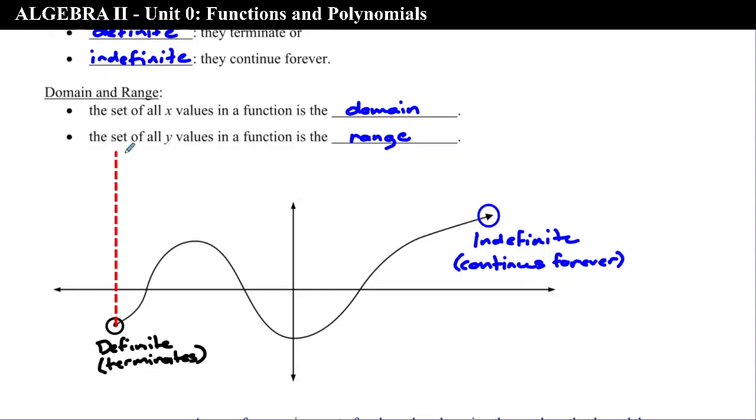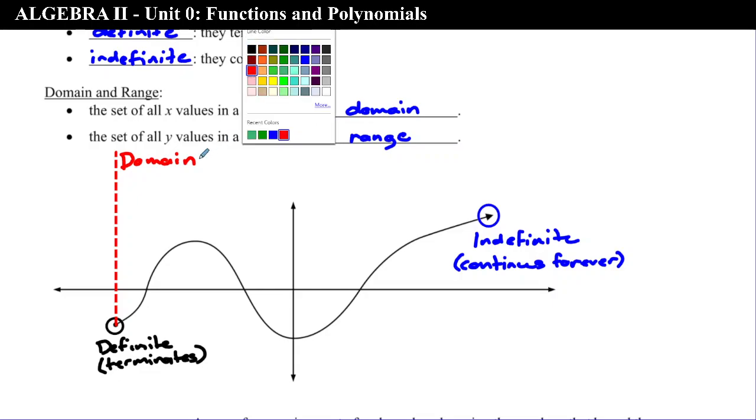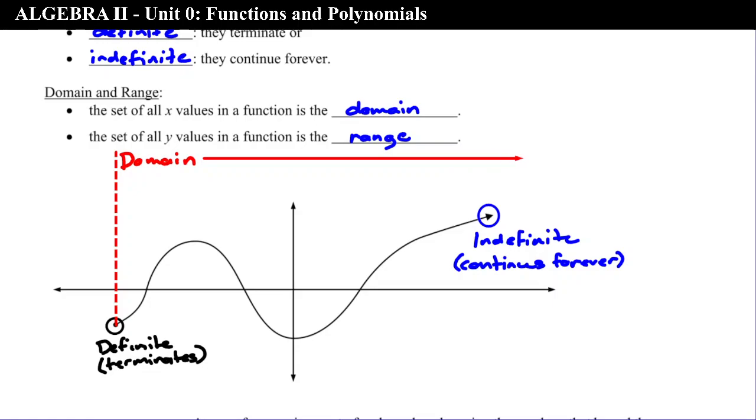So when we start from here, our domain starts here, okay? So this is our domain. And our domain is going to continue on to the right. And it's going to continue on forever because on the right-hand side of our function, we have an arrow, meaning that it continues forever.